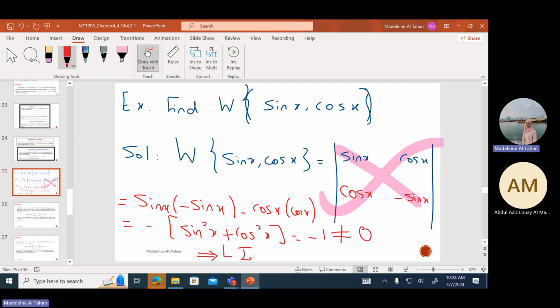What did we get the Wronskian as? E power x and 2e power x. What did we get? Where did you get minus?